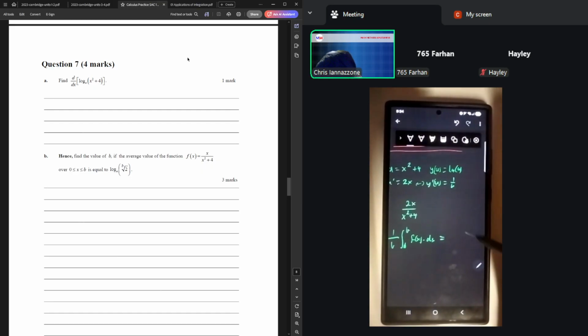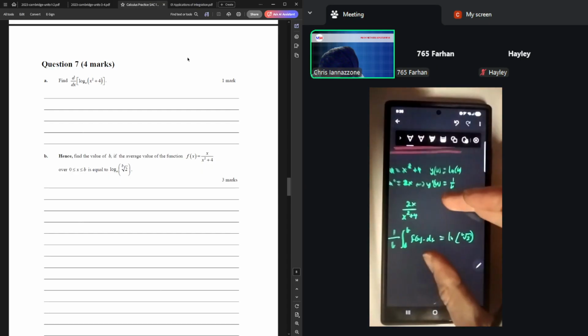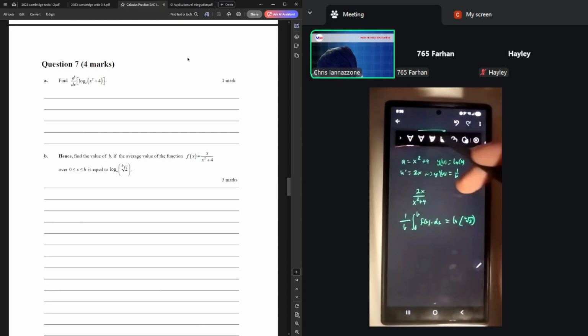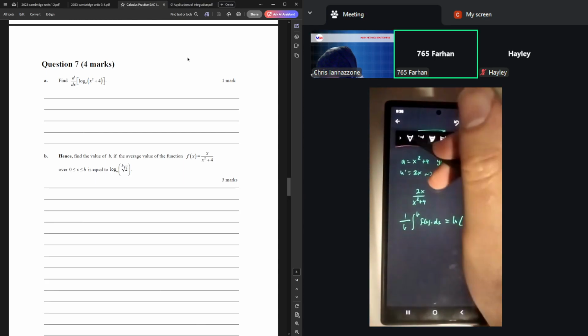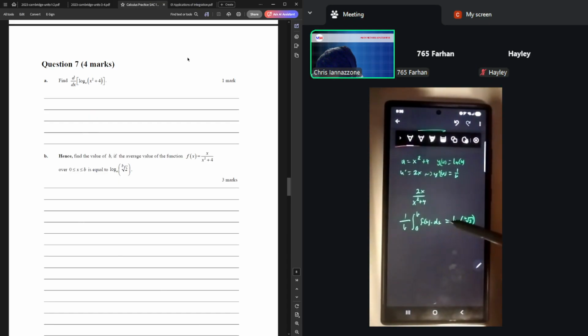That's how we're supposed to start this one, with the actual average value formula itself. Is that fair enough so far? Yep. Okay. Now that you know where this is at, any ideas on what we're going to do to start solving for b?